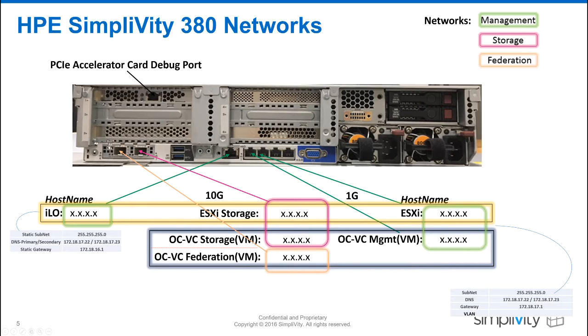Then every Simplivity virtual controller needs one federation IP address as well. All the virtual controllers communicate through this federation network. So you need 3 networks: one is management, one is storage, one is federation.